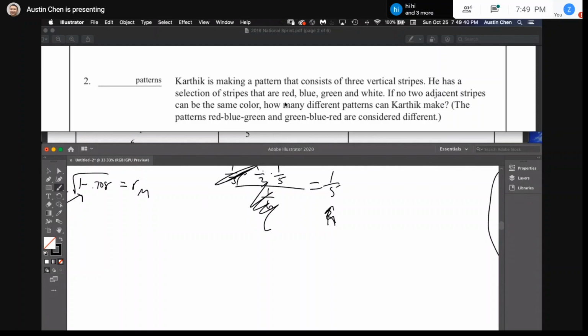We can choose any color for our first color, so that's 4. But our next color cannot be the same as our first color, and it can be any other color, so that's 3 possibilities. Now the last color just can't be the same as the previous color, so we have 3 to choose from. So it's 4 times 3 times 3, not bad, 36.